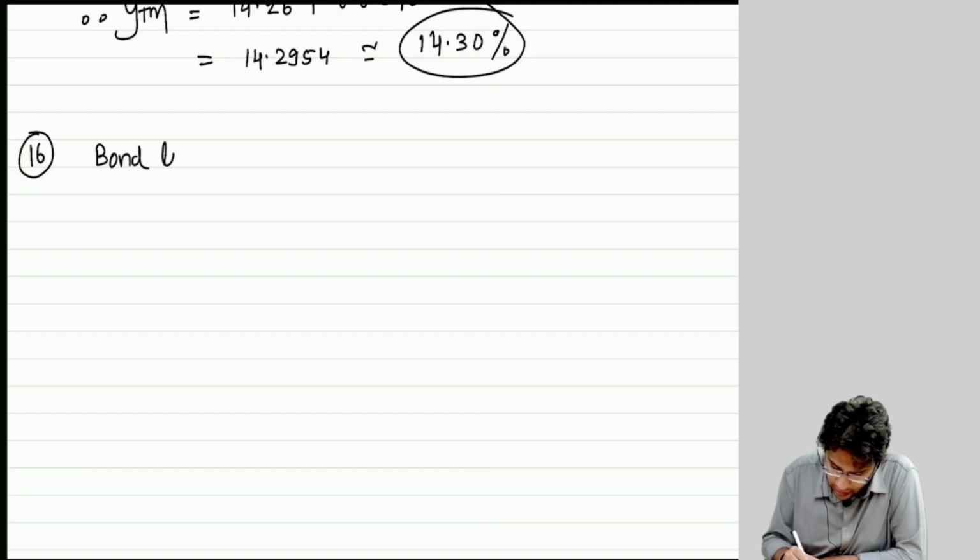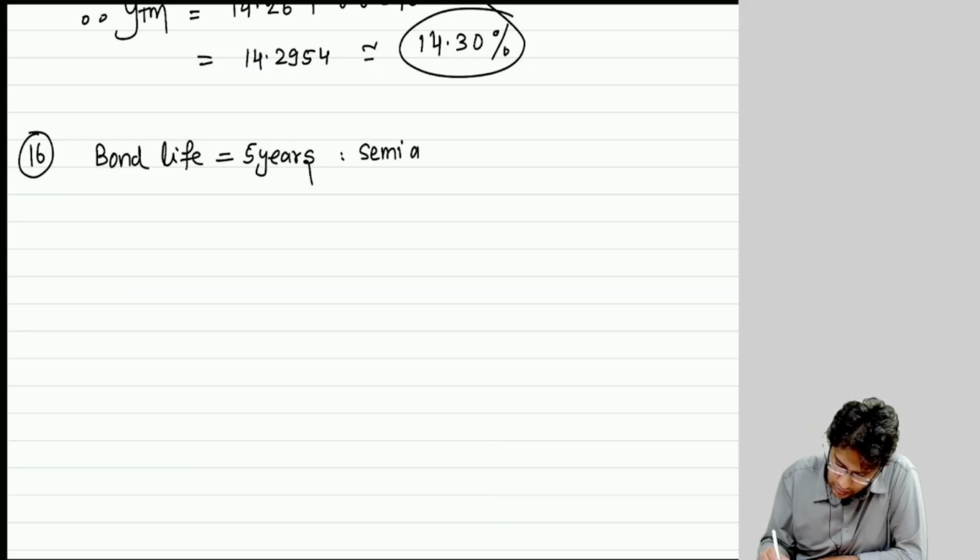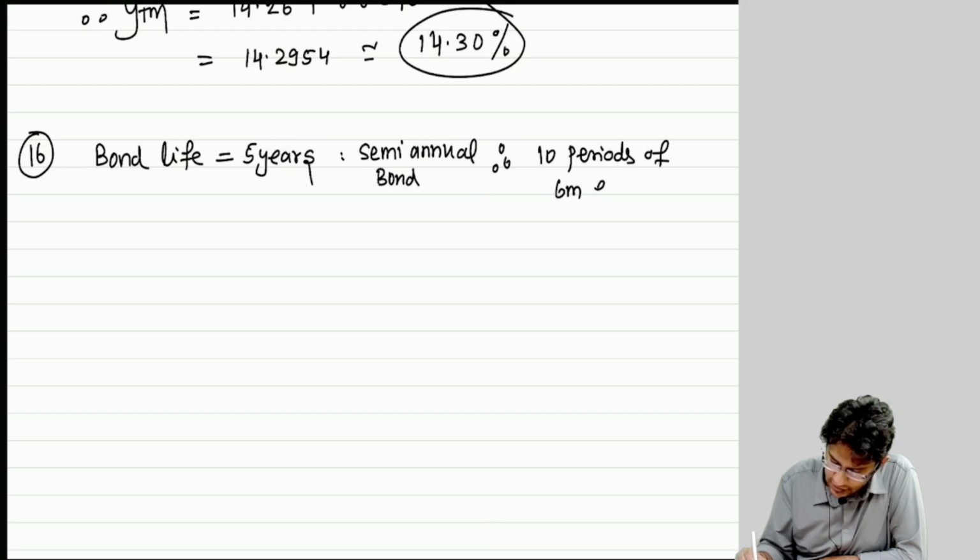Right, sir. Bond life is 5 years. Semi-annual bond. Therefore, 10 periods of 6 months each.